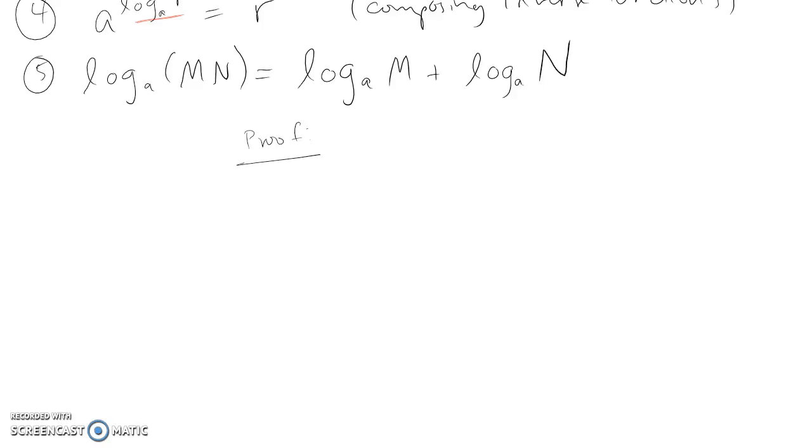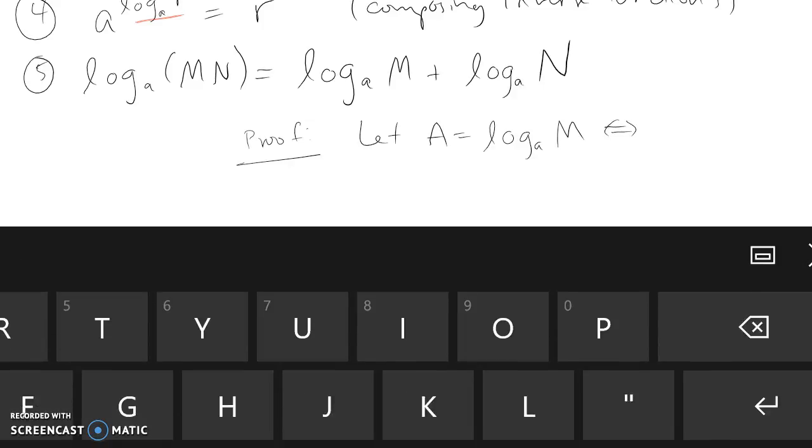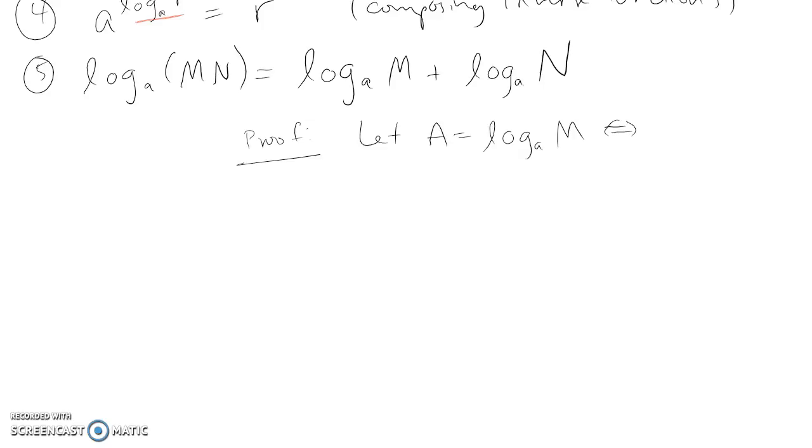We're going to call log base a of m big A. If that's true, then it's also true that a to the big A is equal to m by the definition of logarithms. And we're also going to let B equal log base a of n, so it's also true that a to the B equals n.